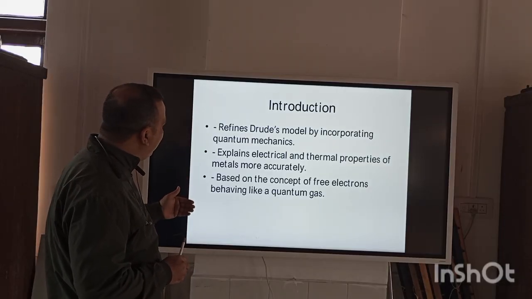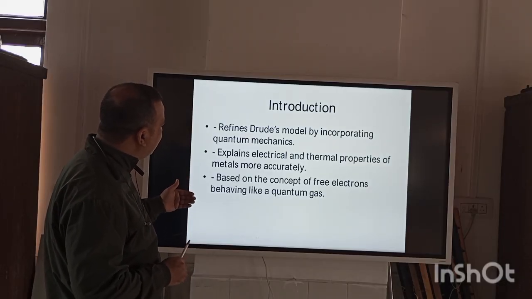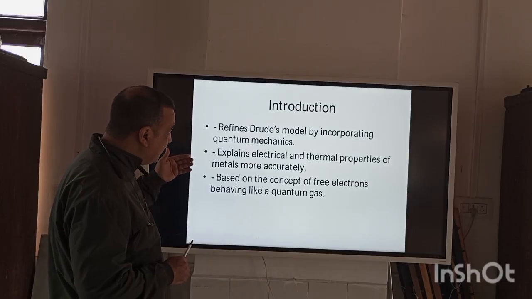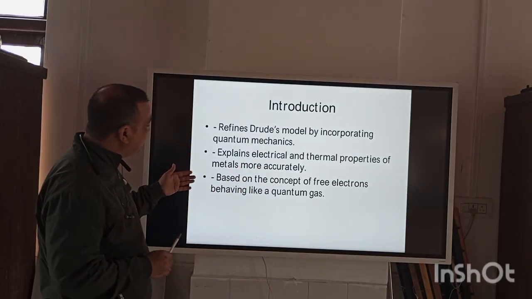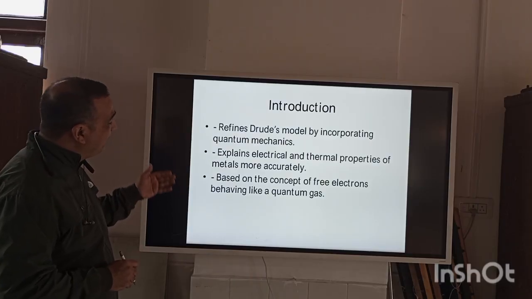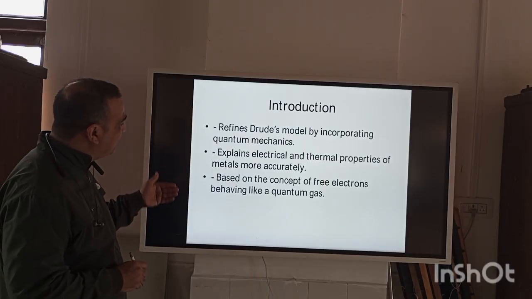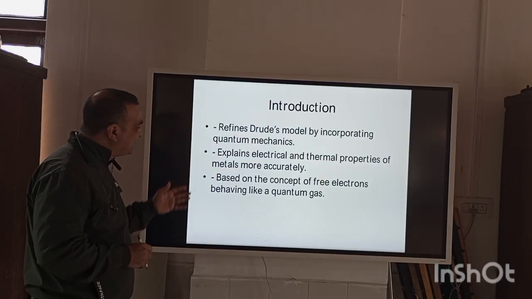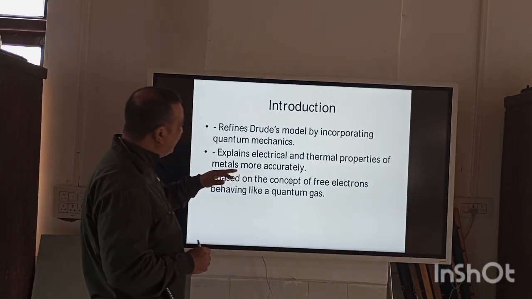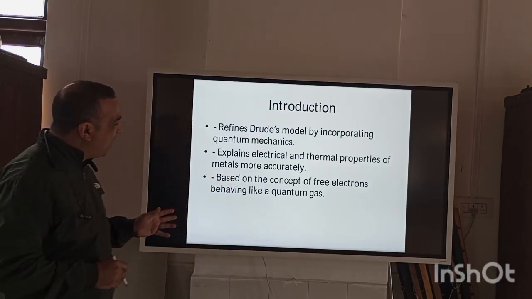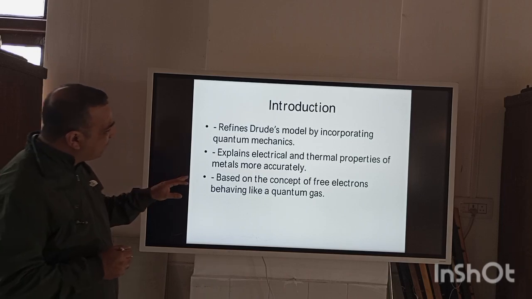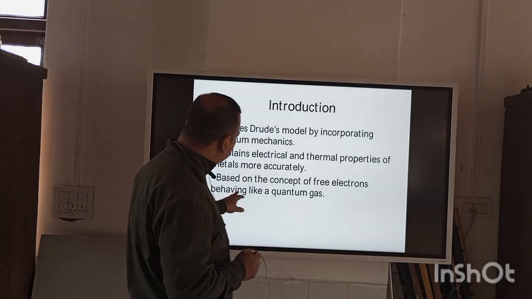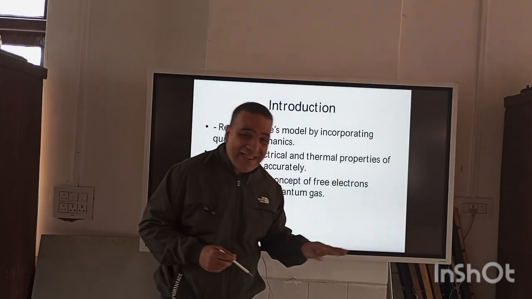We know that the Drude model explains electrical and thermal properties of metals, but when we use the quantum mechanical model, it explains the thermal and electrical properties of materials more accurately, based on the concept of free electrons behaving like a quantum gas.